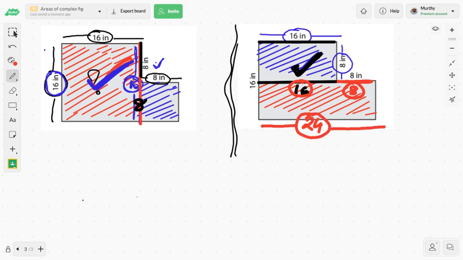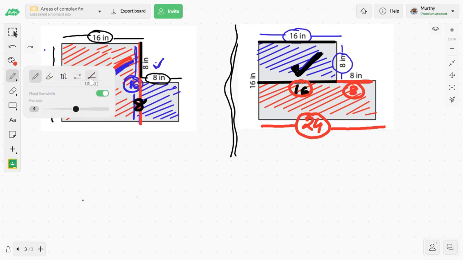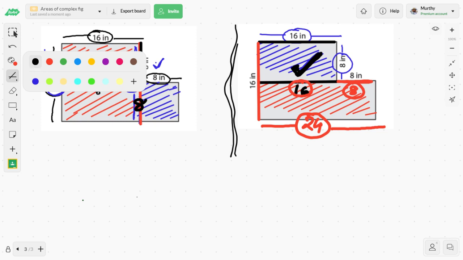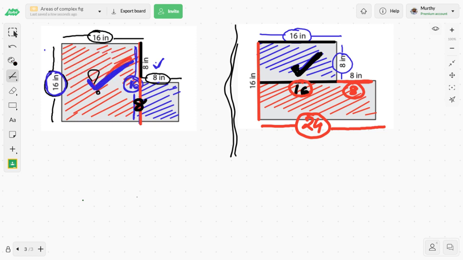This is how you are supposed to compute. Now I know the length. How about the width? I already discussed with you in the previous diagram. You know this is 16 inches, and you know that some portion is 8 inches. Please see that opposite sides are equal. I know it is a little confusing.